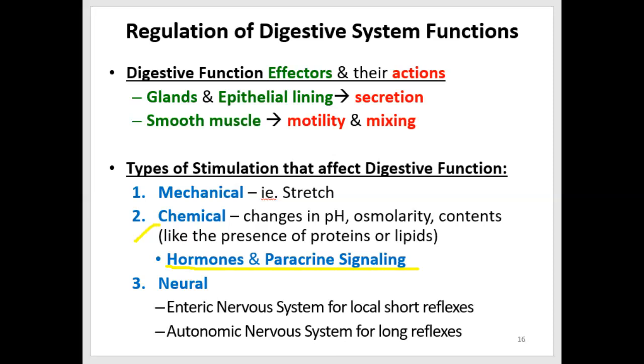Those hormones not only act locally, but they will enter the bloodstream and stimulate target cells in different organs that are distant. And those organs will either secrete something or contract, because those are the main two functions of the digestive system that can be regulated, either secreting something or contracting motility.